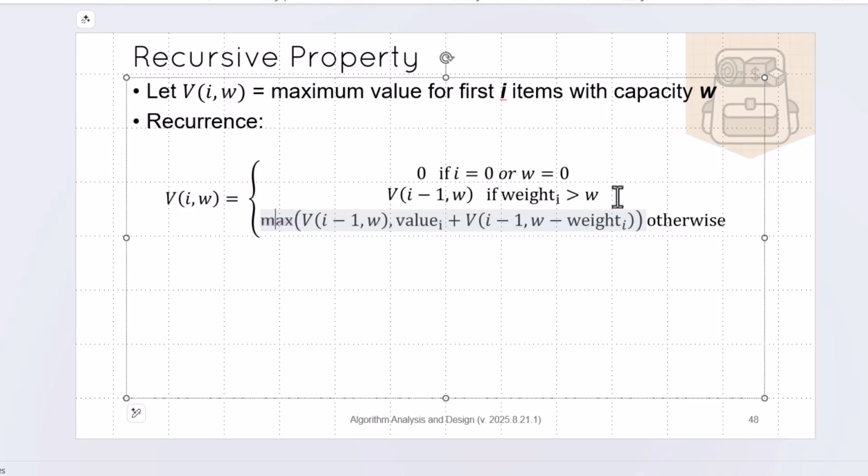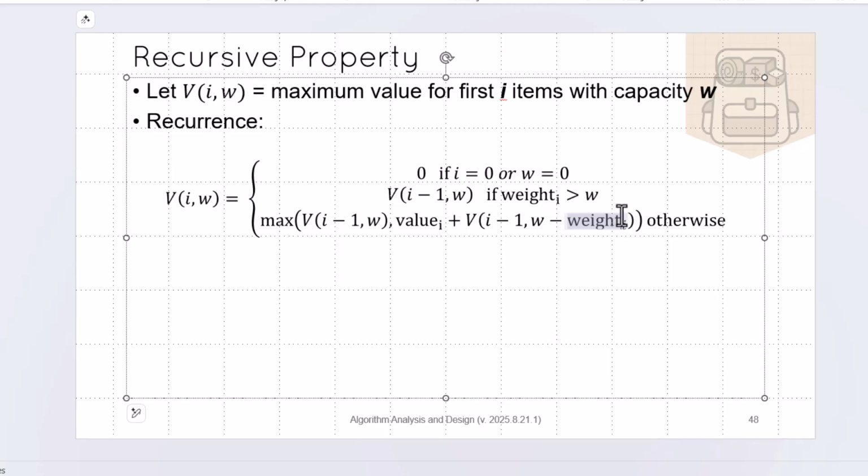Otherwise, if the capacity left is greater than 0, and we're not on item 0, meaning we have items to look at, and the item we're about to try to add is less than or equal to the remaining capacity, then we take the maximum of that previous value, V(i-1, w), so using the previous item, and then we try the value of the current item i plus the previous item with our capacity minus the weight of i.